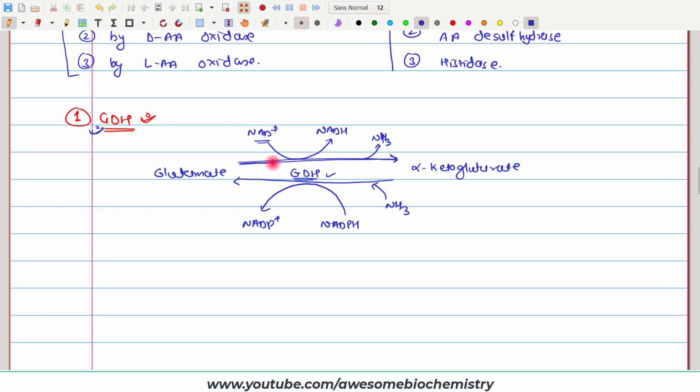If it occurs in the forward direction, it is called oxidative deamination, where ammonia is released and NAD plus is converted to NADH. When it occurs in the reverse direction, everything is the same, just one thing is different: instead of NAD, it utilizes NADP, so it is NADP dependent.